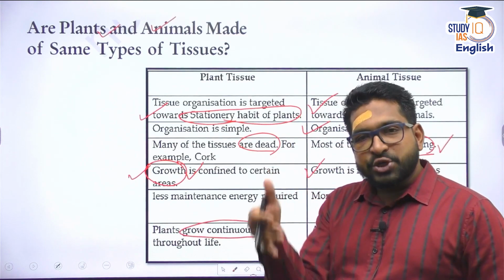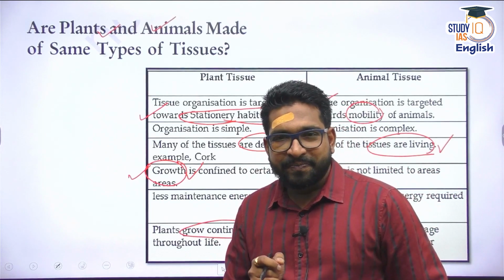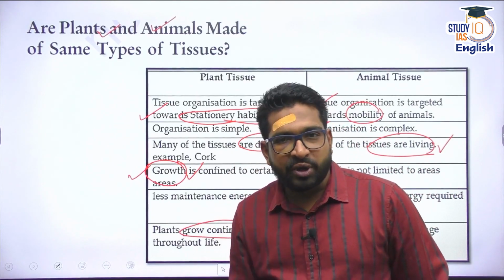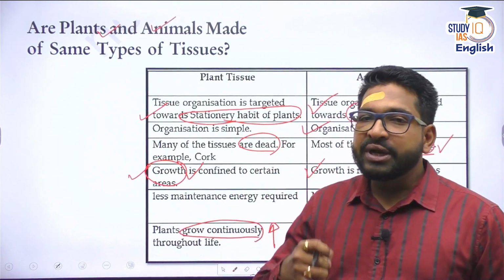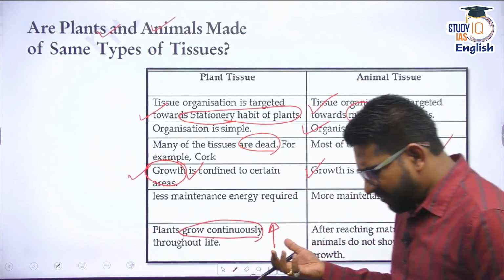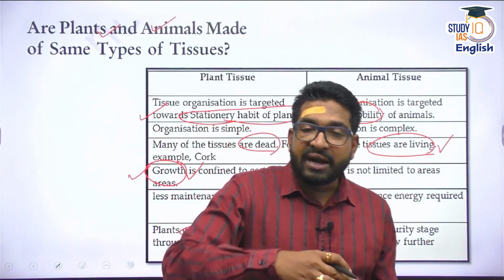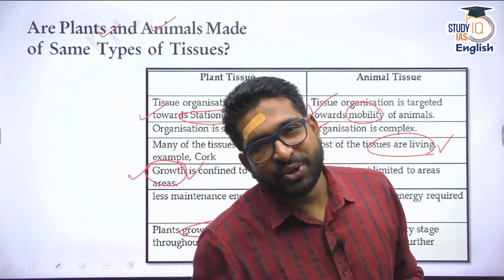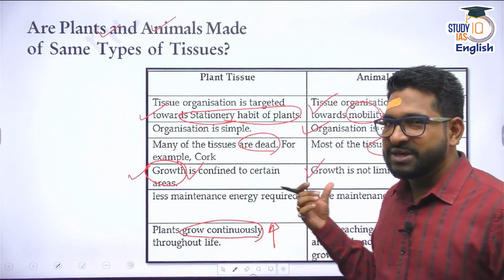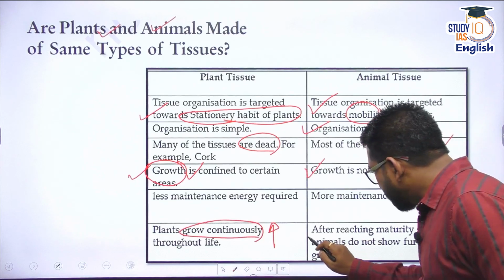As soon as the maturity level is reached, cell division slows down. The tissues do not grow. In fact, the tissues start to deteriorate or degenerate, right? We see a lot of degenerative development, especially in the spinal cord, when we enter older age, or in elderly people, we see a lot of degenerative diseases. Why? Because the growth is not continuous.